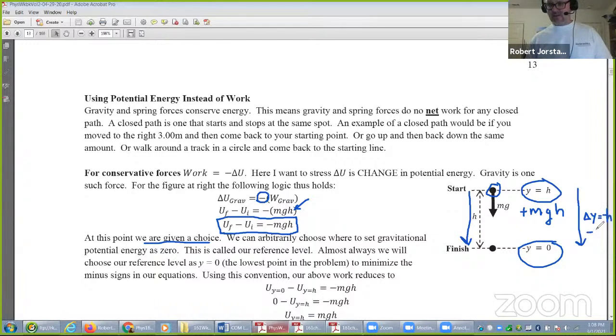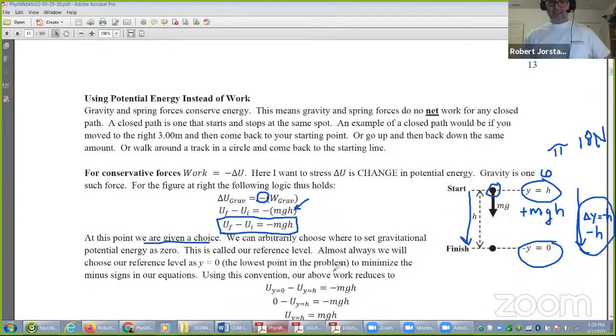Let me just put that here because it's kind of hard to see. The change in vertical position is negative h. And that's true whether you call the top 6 or pi or 18n, where n could be your breakout room number. It could be any weird thing you want. But the idea is the change in height is always the same.